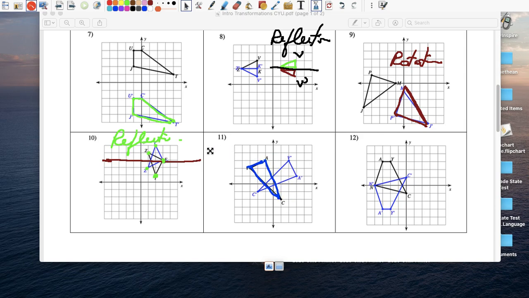But if I rotated it, let's see if I can rotate this. Oh, look at that. Can I get it to be in the image? Look, I can. And then let me just rotate it a little better. So that would be a rotation. Okay, that one's a rotation.